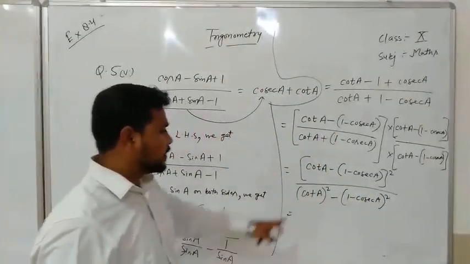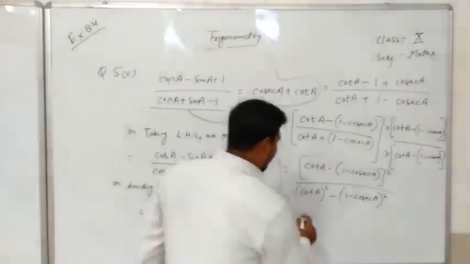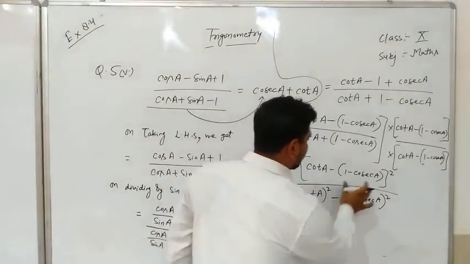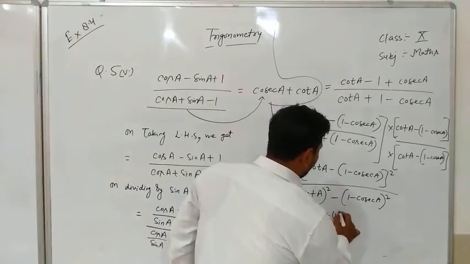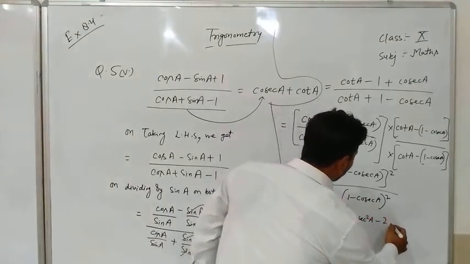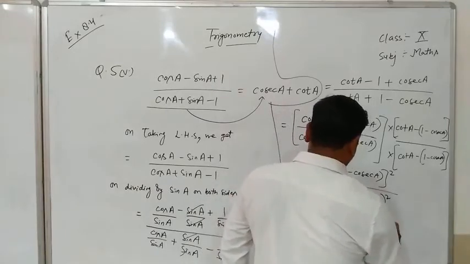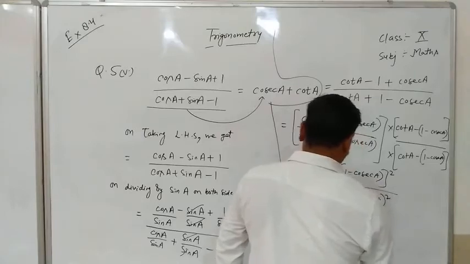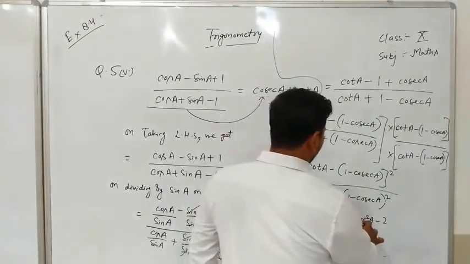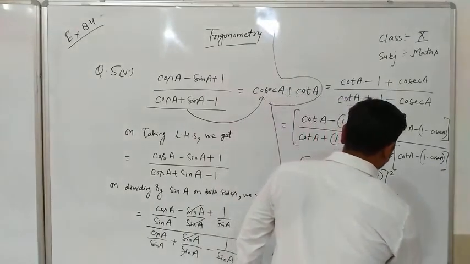Finally it is A minus B whole square, and A minus B square is written as A square, that is cot square A, plus B square, A square plus B square minus 2AB, minus 2 into 1 into cosec A, 2 cosec A.